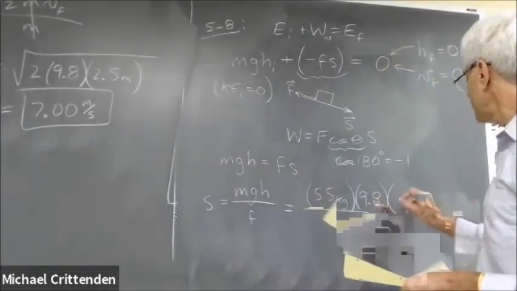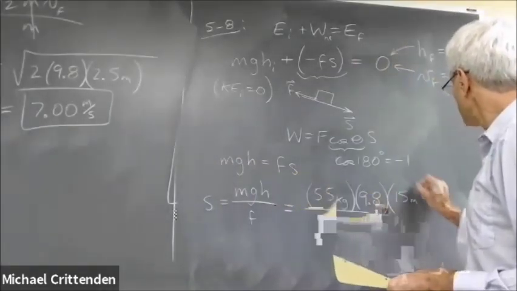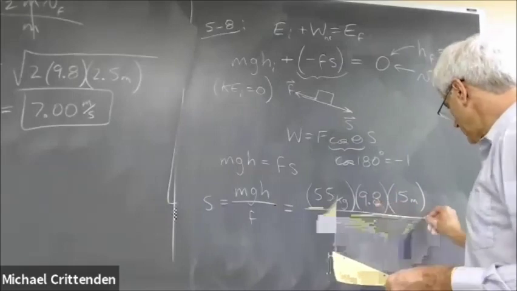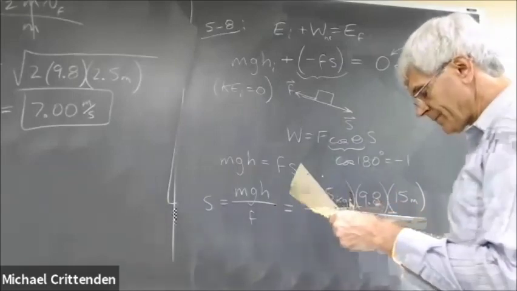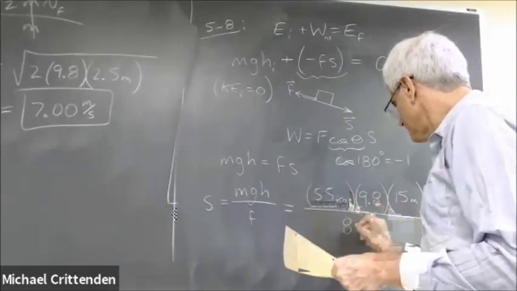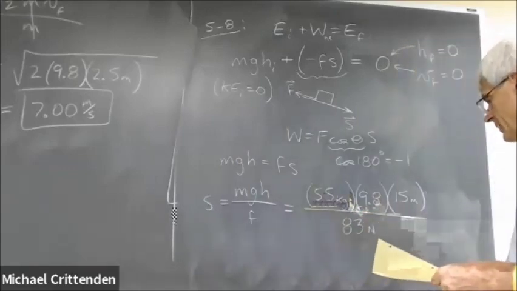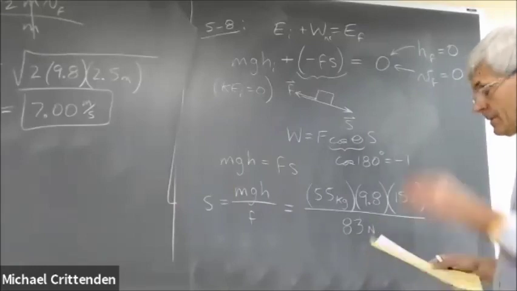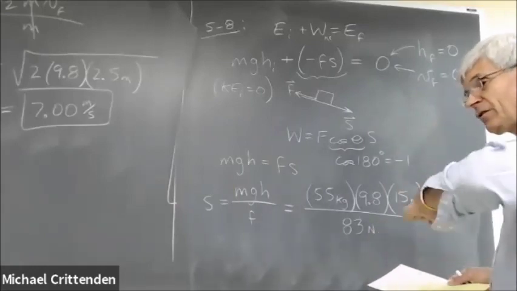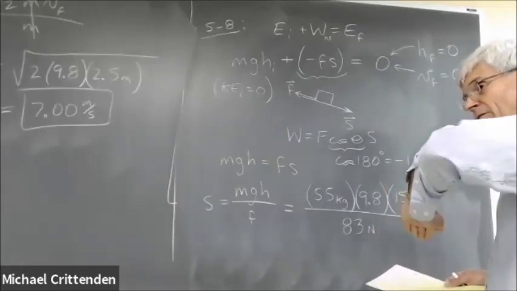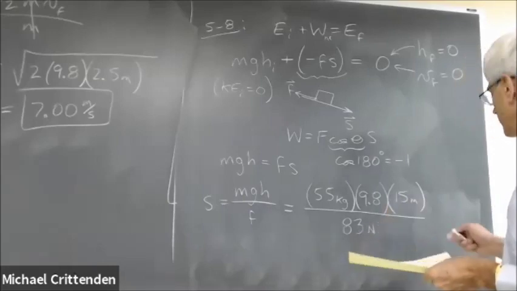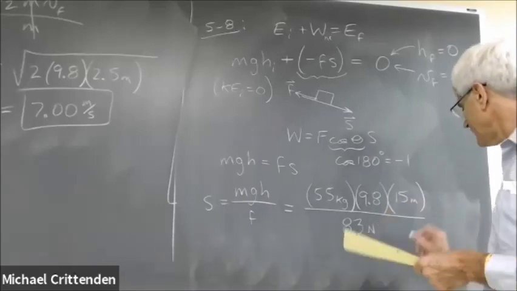The original height is 15 meters above the level land below the hill. Average friction force is 83 newtons. That would vary a little bit as you slide along because the normal force would be changing with the changing tilt of the land.